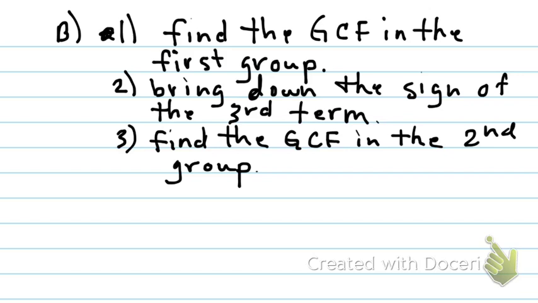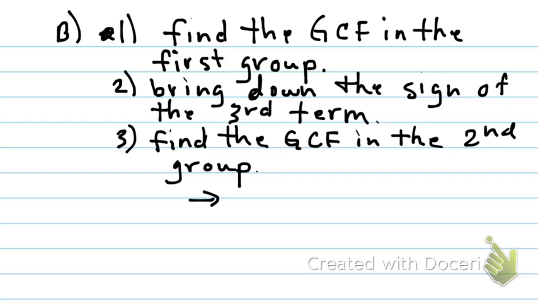Now, this is where one thing gets a little odd here. It says find the GCF in the second group. In other words, I have to divide out something. But say like you have 3 and 5. Is there any number that divides into 3 and 5? No. Yeah, there's one number, right? 1. But normally, would you ever divide by a 1? No. Because you get right back to where you started from, right?